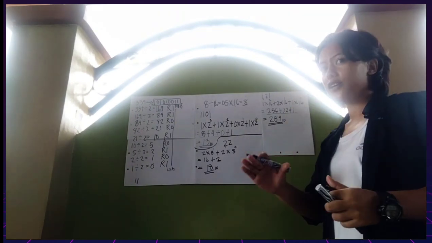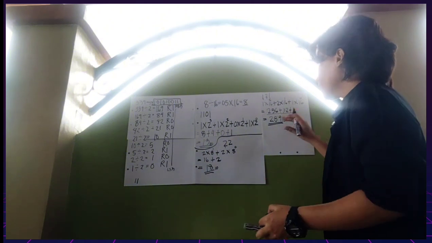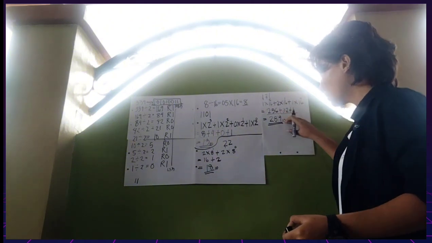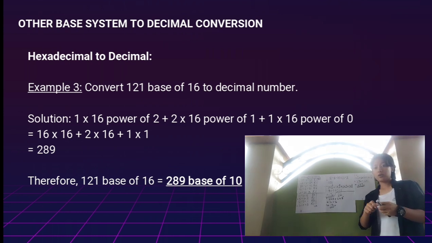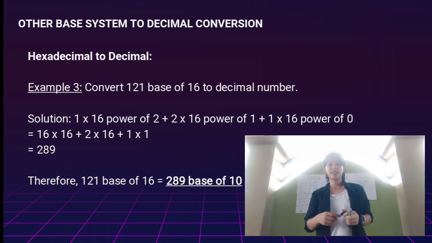So we convert the hexadecimal to decimal, so our base should be decimal. So the base of the decimal is 10. So that's how we compute the conversion of hexadecimal to decimal number. So that's all, and thank you.